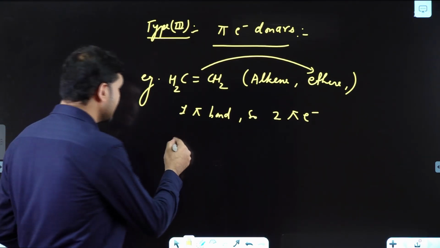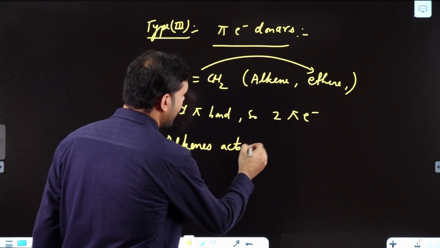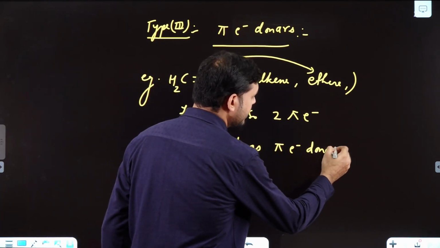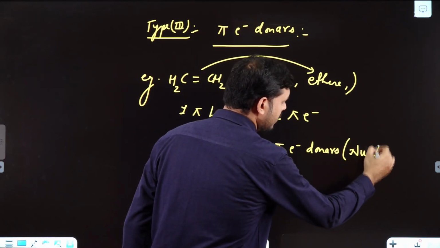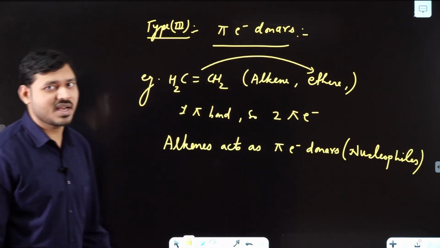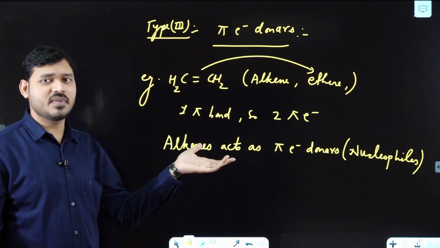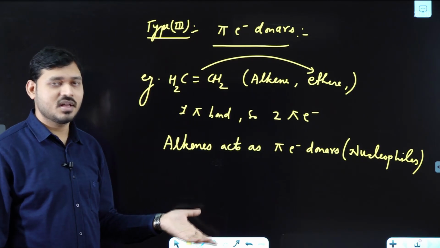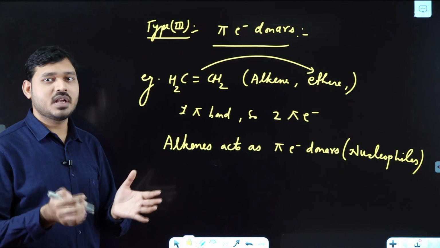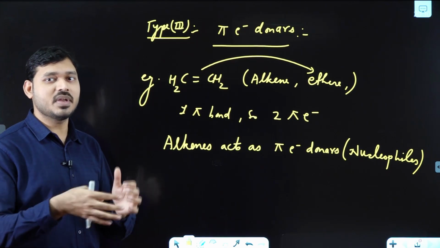Okay. So we can say alkenes act as pi electron donors, or better to say nucleophiles. Now sometimes the question arises in mind, it is very stable, neutral, why is it reactive? So this is definitely under the presence of any reagent only, right? Neutral species will be stable only, so they will behave as a reacting species when under the influence of any reagent or due to presence of any other compound.